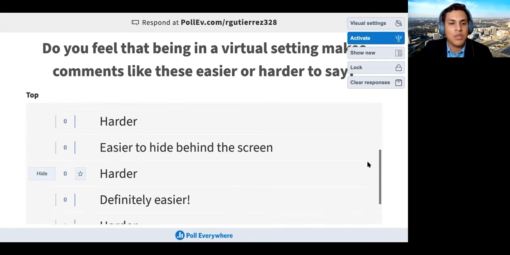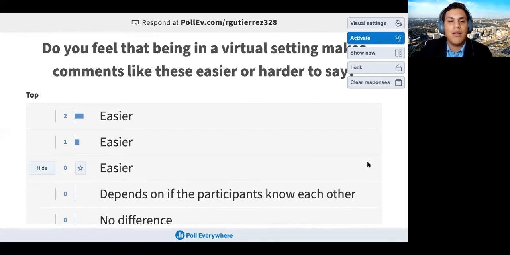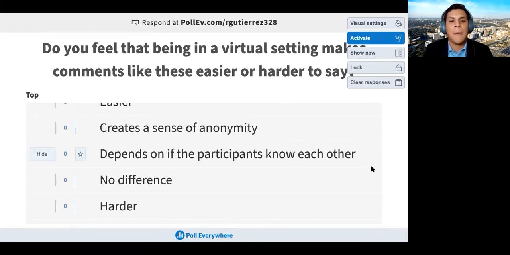Good answer, harder. We see a split. Depends on whether the participants know each other. Good. All right, we can move on to the next one.